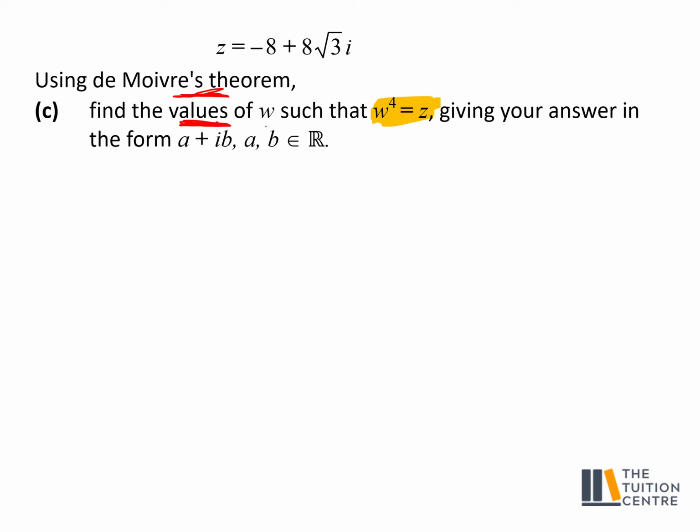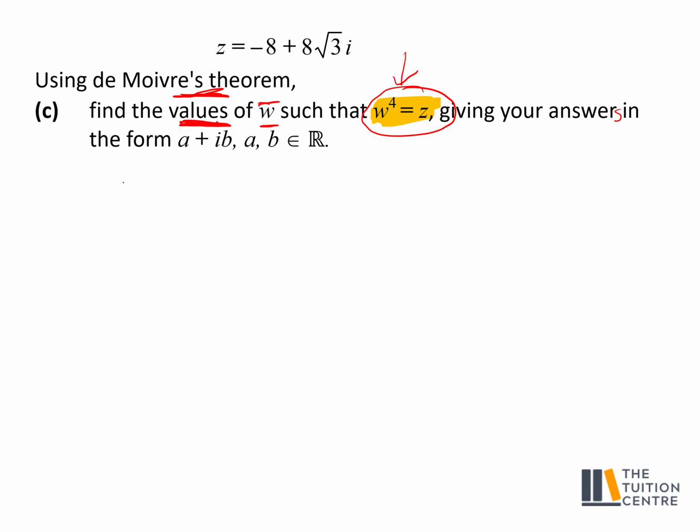Find the values of w, and then when it has something along these lines, w to the power of 4 is equal to z, again, what we're doing is we're solving for w. Now, by right, it should say answers in the form of a plus ib, but here we're talking plural, the values of w, and we have this clue in here.